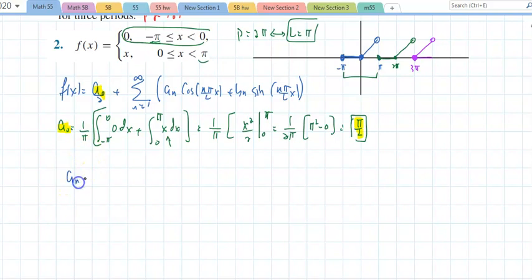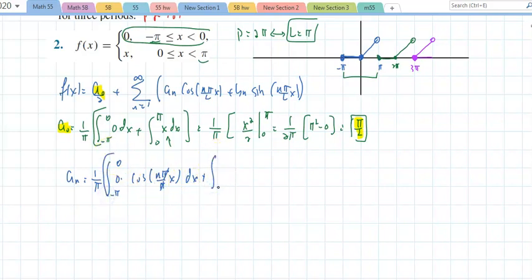If I find a sub n, that is 1 over L, the integral from negative pi to 0, 0 times, and that's going to be 0, of course. No need to write that down, but I'm going to write that down for your notes. N pi divided by pi x. So those cancel out. That makes life a lot easier.